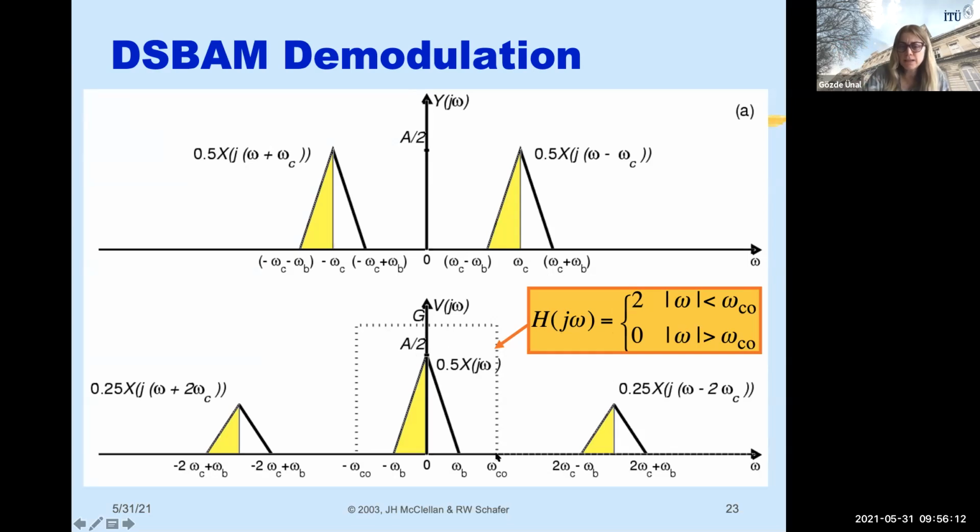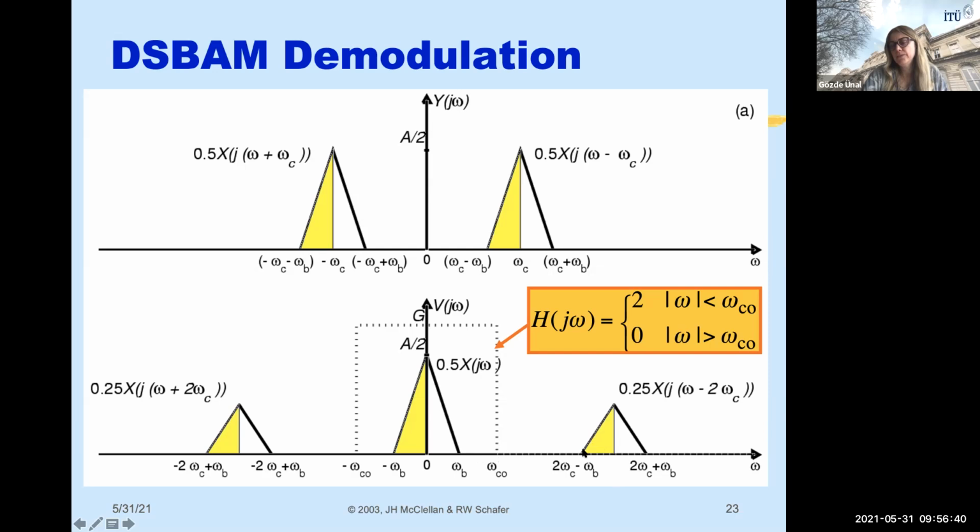Now, can you tell me what constraints this cutoff frequency should satisfy? It's very easy to see here. It should be greater than ωb and less than 2ωc minus ωb. Remember, this is 2ωc, the center of the spectrum, and minus ωb, the half bandwidth.